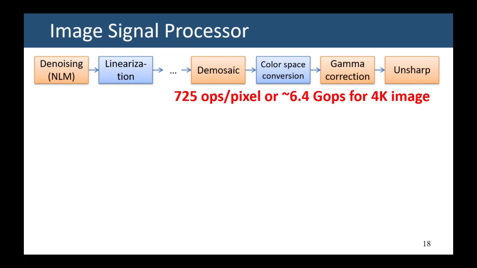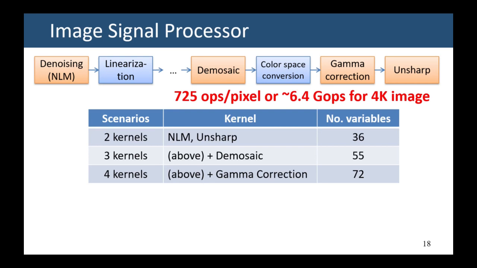To construct the context of the scalability issue, we create different scenarios where the number of variables increases through them. In detail, we have 3 scenarios. The first one, we just consider 2 kernels for word-length optimization, NNF and unsharp, which has 36 variables. Then we add 1 more kernel to the second scenario and 2 more kernels for the third scenario.